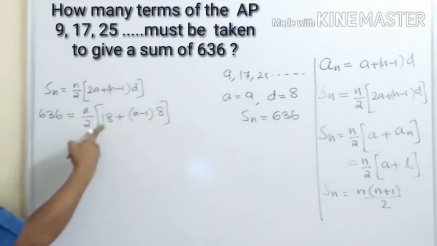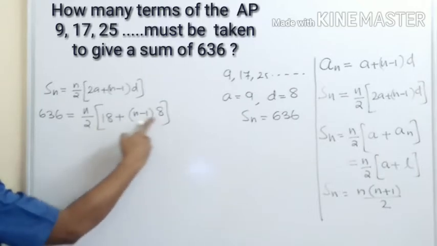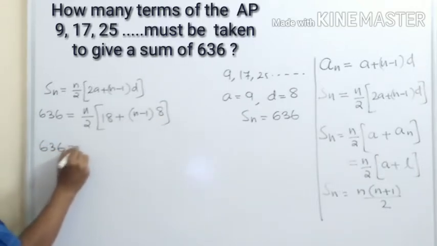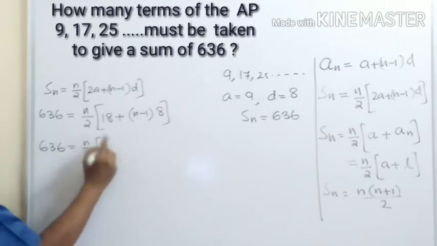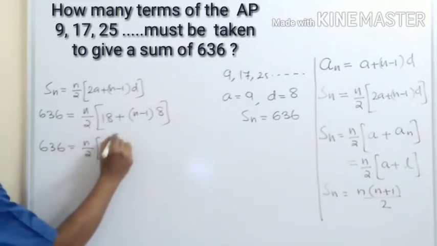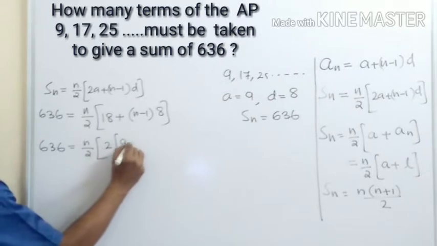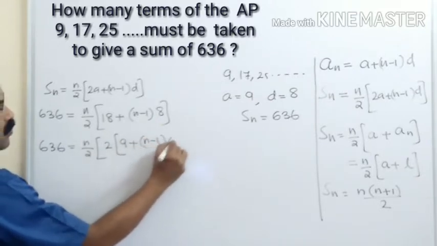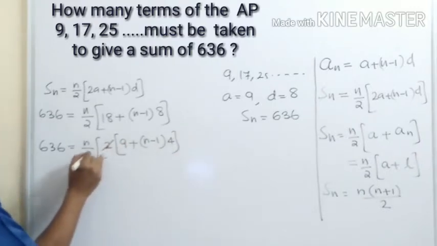Here 18, here 8. From both we can take 2 common. So 636 is equal to n by 2 into, from here if I take 2 common it will become 9, and here it will become (n minus 1) into 4. This 2 and this 2 we can cancel.